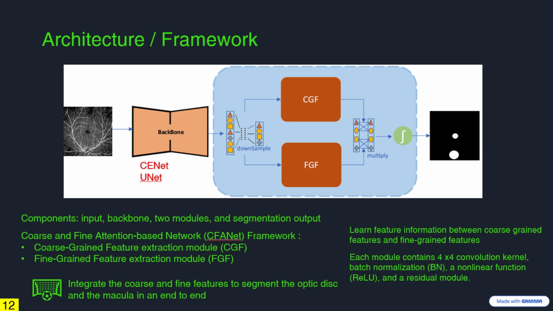To segment the optic disc and the macula in fundus images with OCTA, this framework is named the coarse and fine attention-based network, or CFA-Net, including two key modules, the coarse-grained feature extraction module and the fine-grained feature extraction module. This CFA-Net can integrate the coarse and fine features from the optic disc and the macula, then segment at the output in an end-to-end manner.